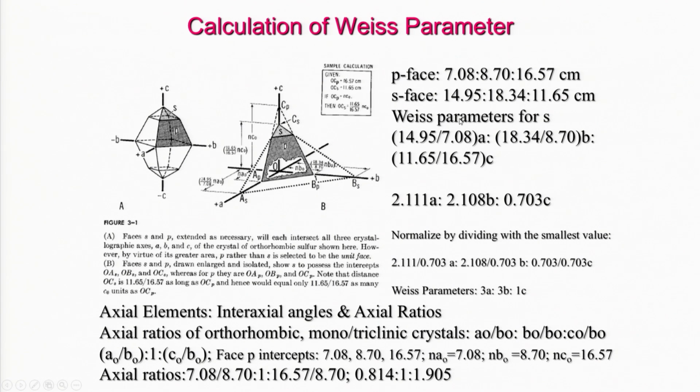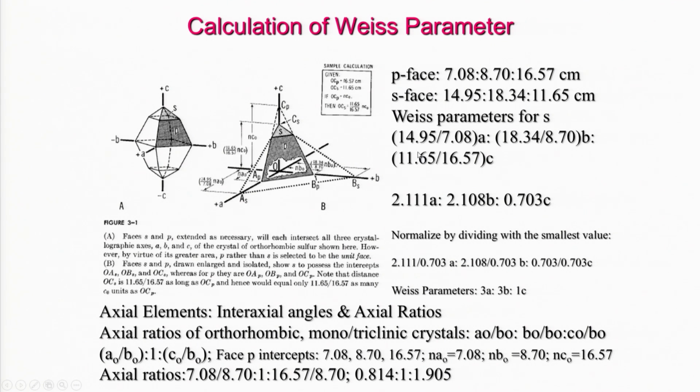To calculate the Weiss parameter of the phase S, where you have considered the P phase as the parametral plane, you have to divide the intercepts along the A, B and C directions for the S phase by the intercepts of the parametral phase, the P phase.